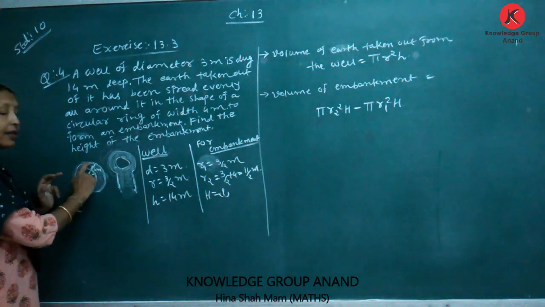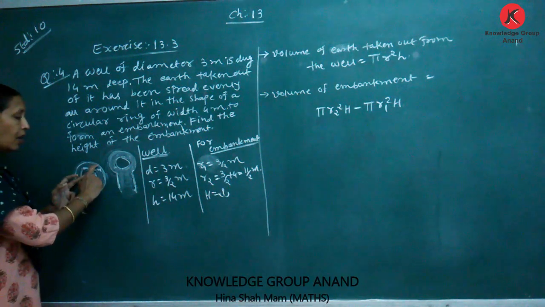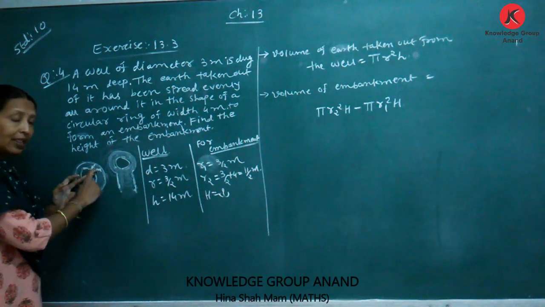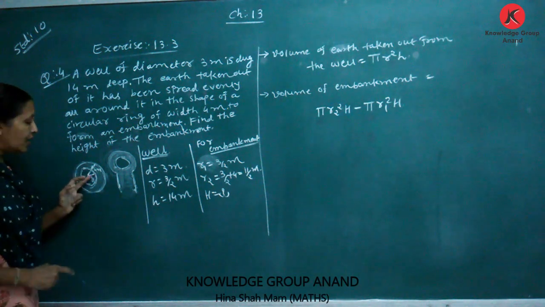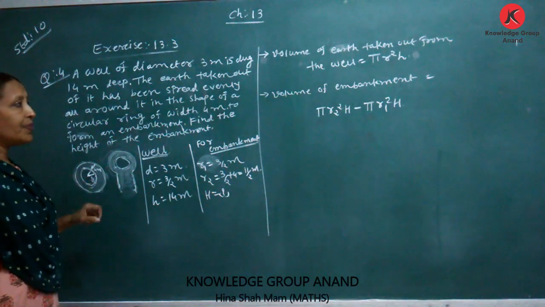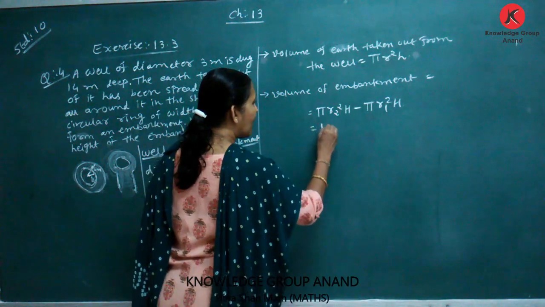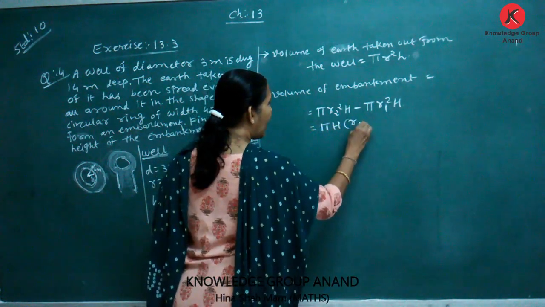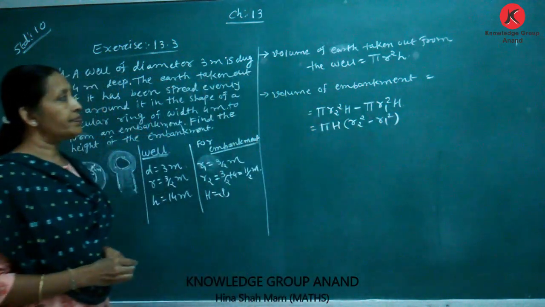R2 is the radius of the embankment with the well, and R1 is the radius of the well. The common part is pi h, so it is equal to pi h times (r2 square minus r1 square).